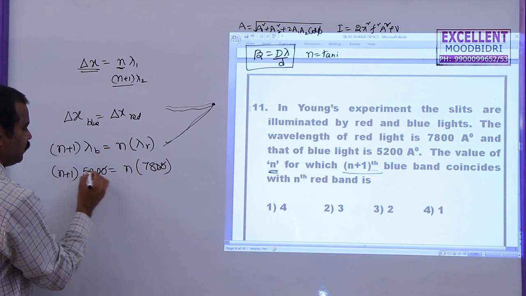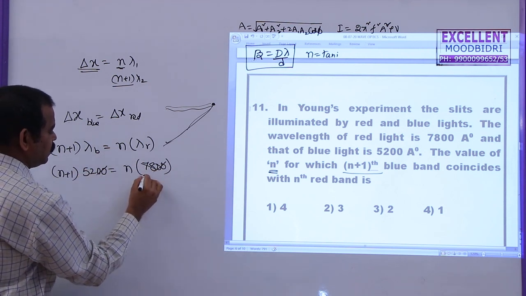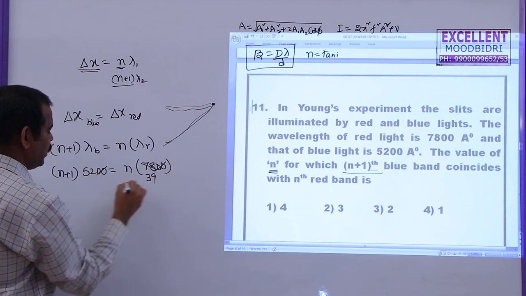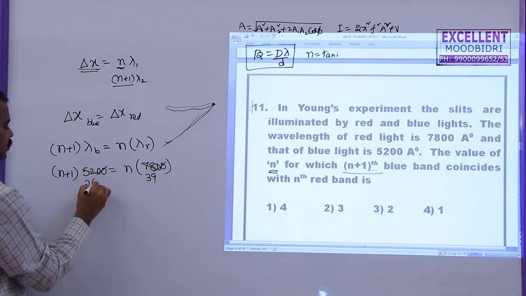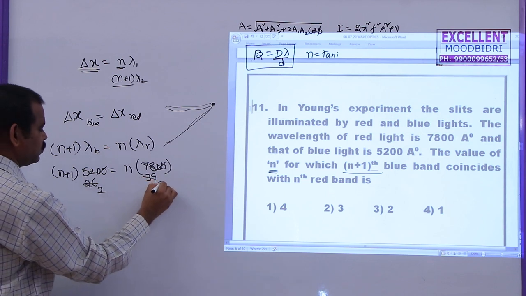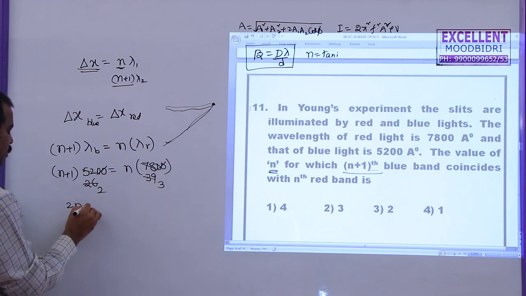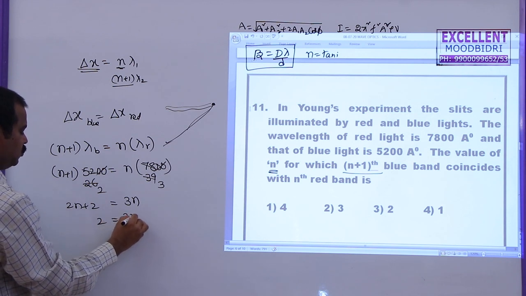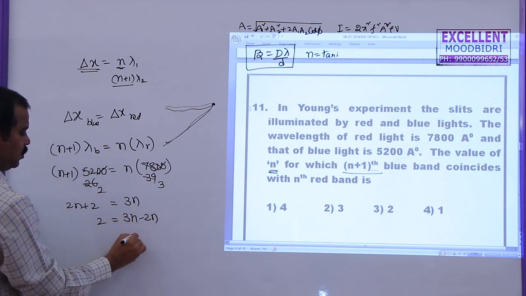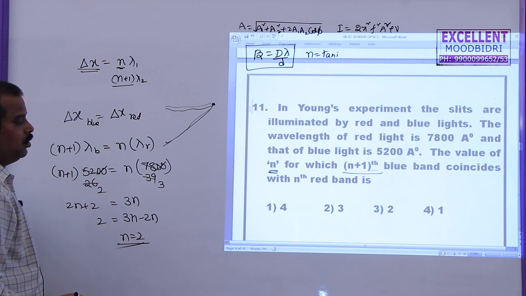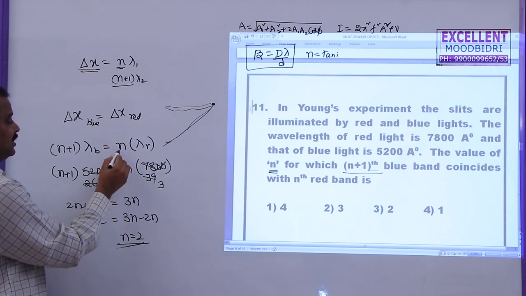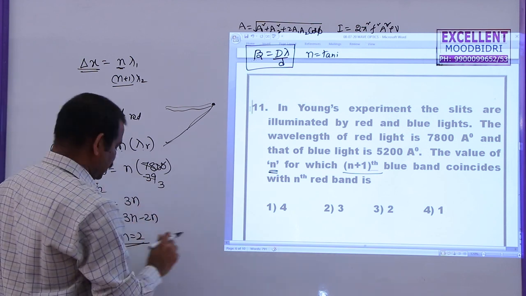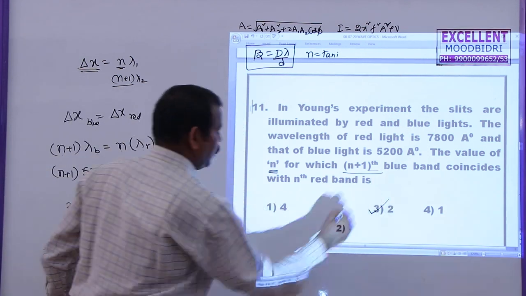This gives 2 over 3, so 2n plus 2 is equal to 3n, so 2 is equal to 3n minus 2n, n is equal to 2. So the second red fringe coincides with the third blue fringe. So n is equal to 2, option 3 is correct.